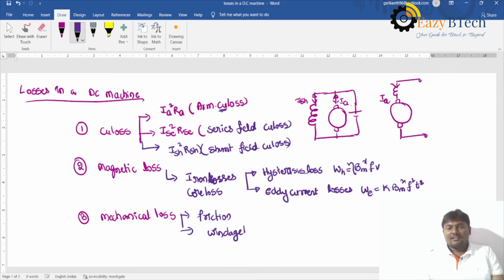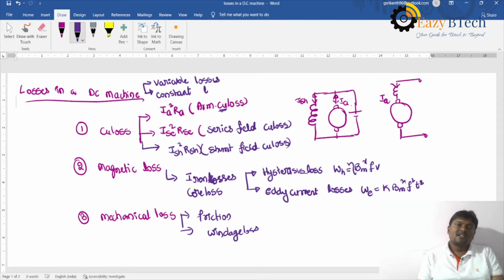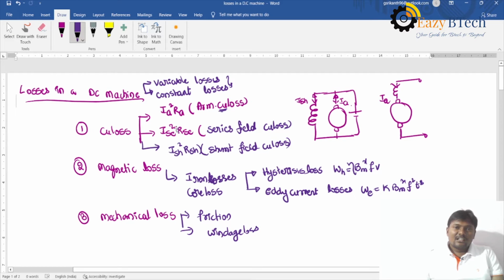If you take any machine, the losses can be classified with one major classification: variable losses and constant losses. Coming to the copper loss, Ia square Ra, if you take a DC shunt motor or DC shunt generator, I don't have this ISC square RSC; the series field copper loss is 0.